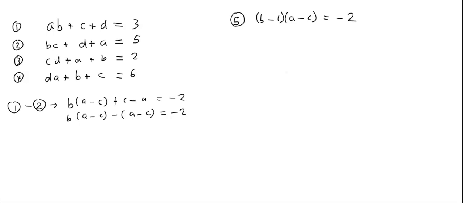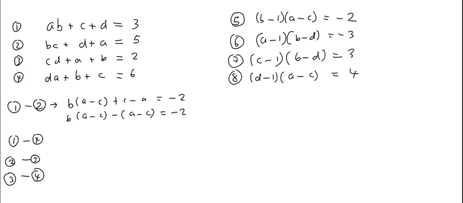And by similar processes, we can do equation 1 minus equation 4, equation 2 minus equation 3, and equation 3 minus equation 4, and we can generate equations 6, 7, and 8.